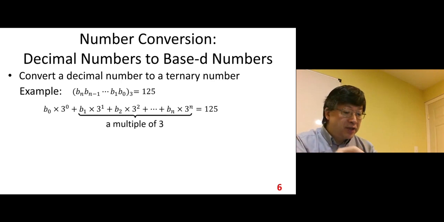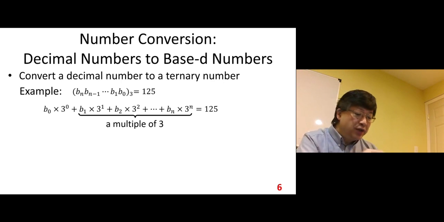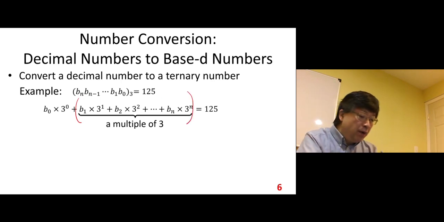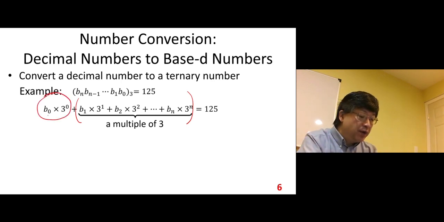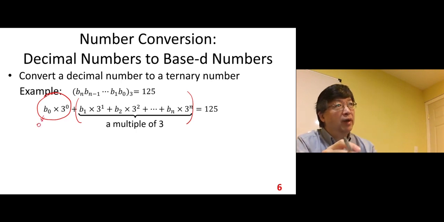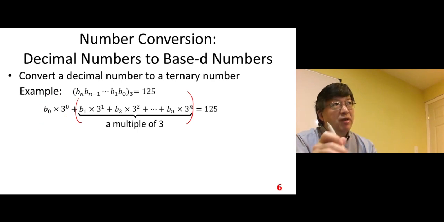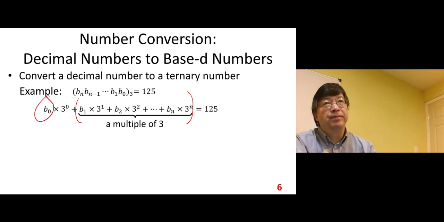When you look at this representation, you can find a property. These terms are all multiples of 3, but only the first term, if B0 is not 0, is not a multiple of 3. Based on this observation, we can find B0 easily.